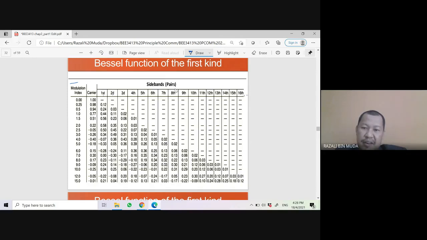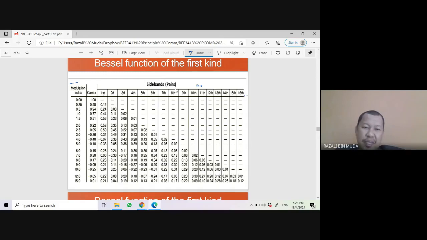This is the n of Bessel function. Okay, the value of modulation index will determine how many significant sideband you have for that signal.